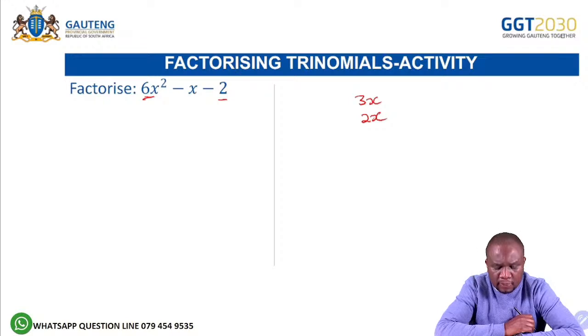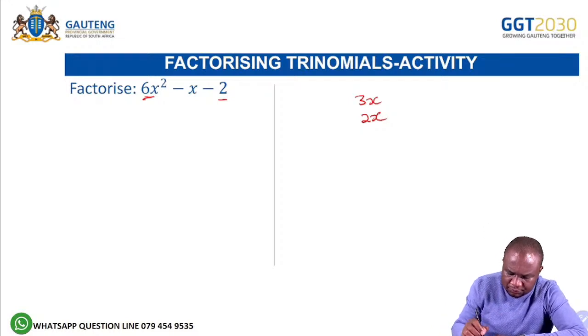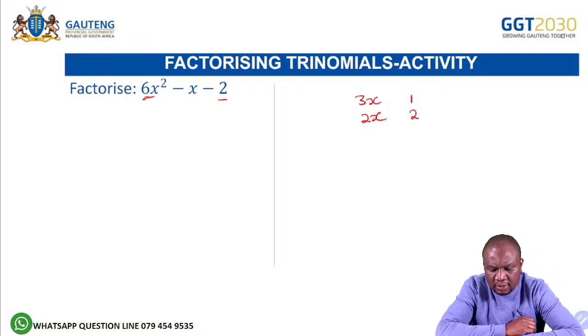Okay. And then we have negative 2. Let's see. 2 can be 1 and 2. Right, okay.